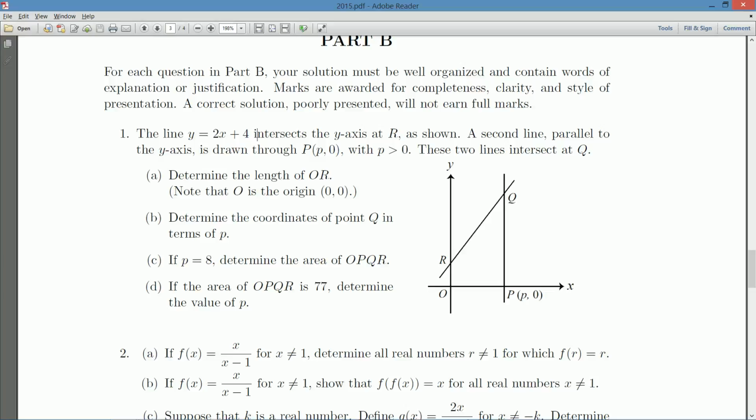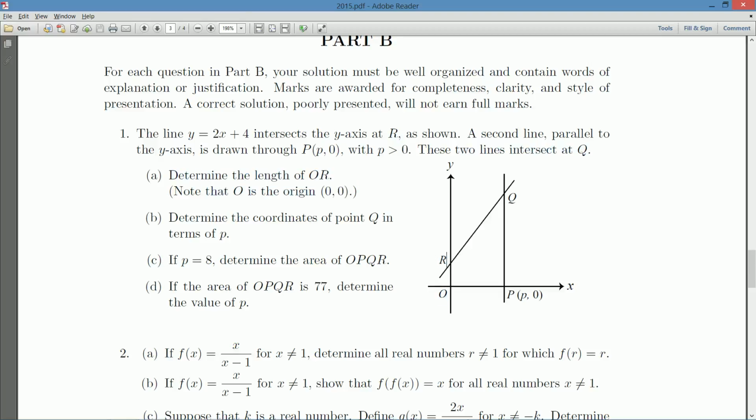The second line, parallel to the x-axis, this one here, is drawn through P at P0, so we don't quite know where P is, but we do know that P is greater than 0, so it's on the right-hand side, it's positive x values. These two lines intersect at Q.